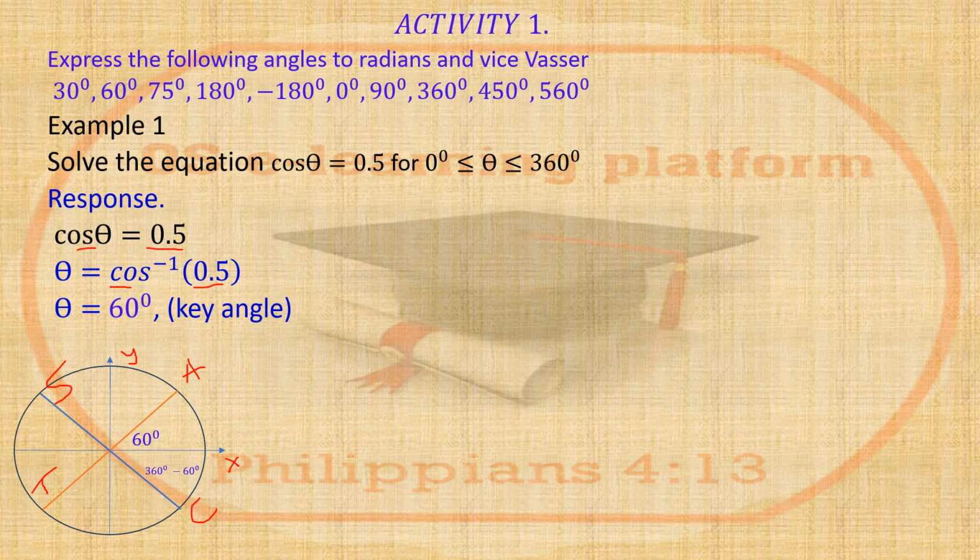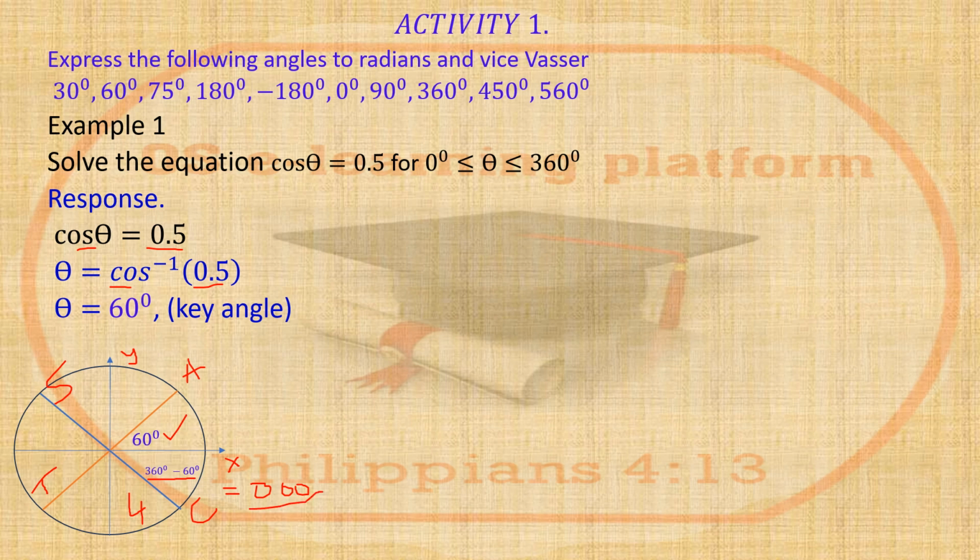Now you get to realize that cos is positive in the 4th quadrant. And I told you in the 4th quadrant, to get that remaining angle after getting the key angle, we subtract 360 minus the key angle. And that angle you get will be 300 degrees.